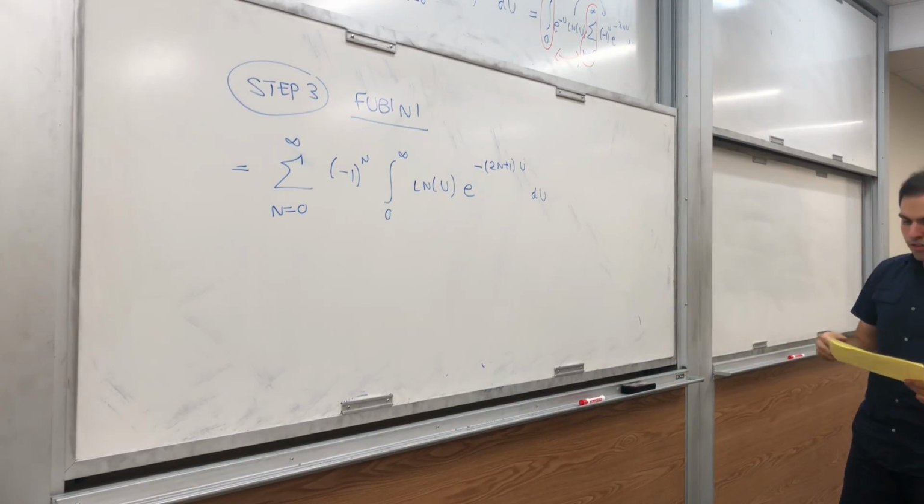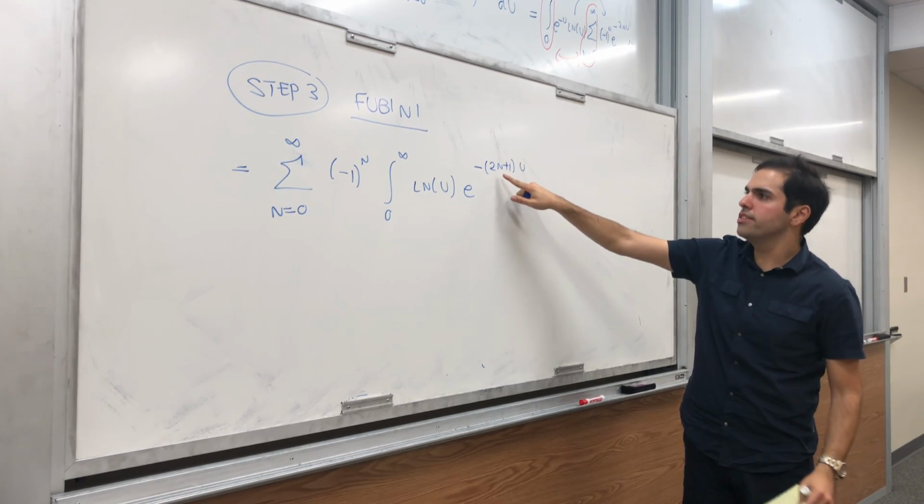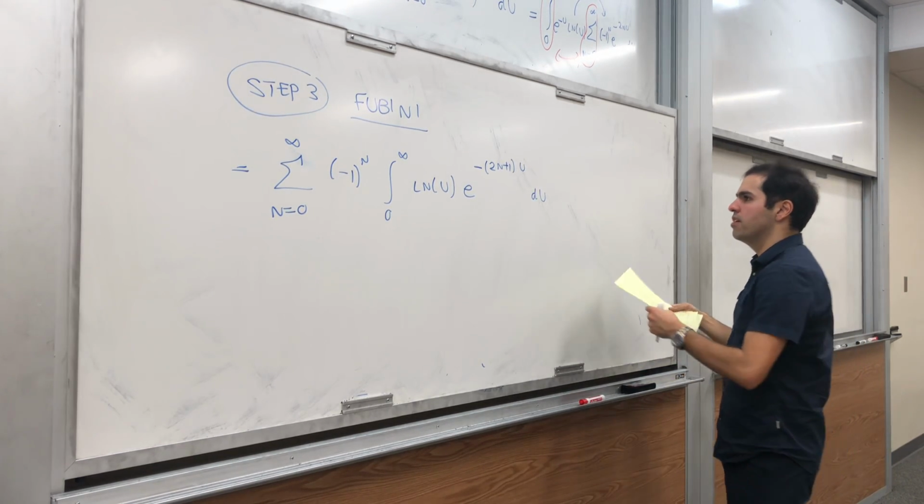And now, again, in order to clean this up a little bit, let's just use a u substitution. So let v be (2n plus 1)u.